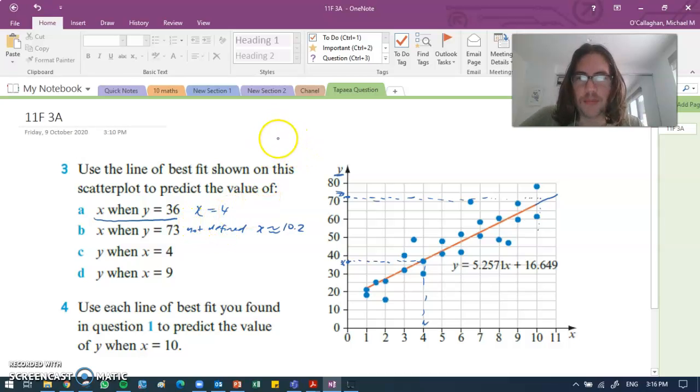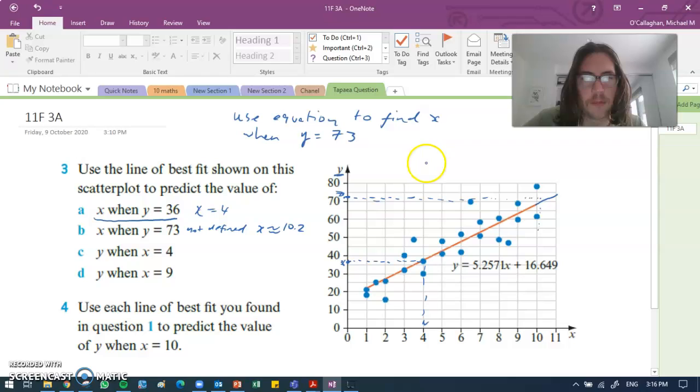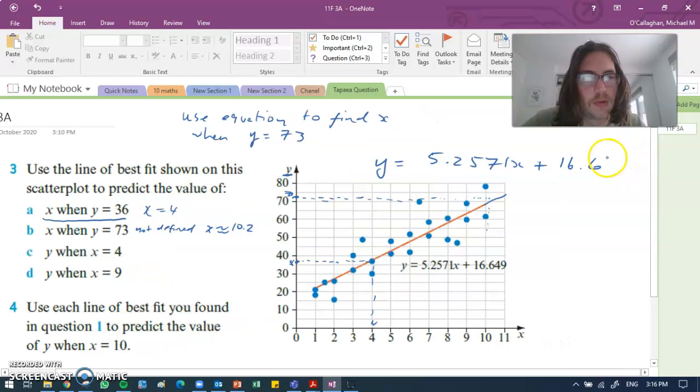Okay, there might be another instance where it says use the equation to find x when y is equal to 73, and in that case what you do is your equation is y is equal to 5.257x plus 16.649, and so I'm going to change that into this.